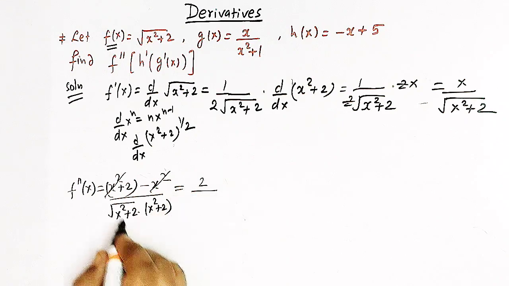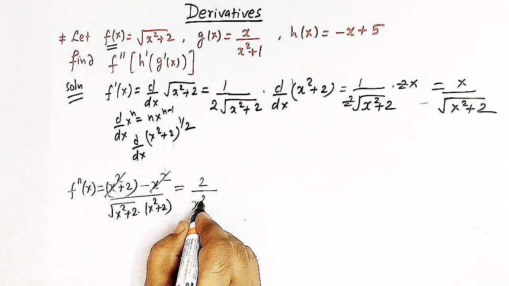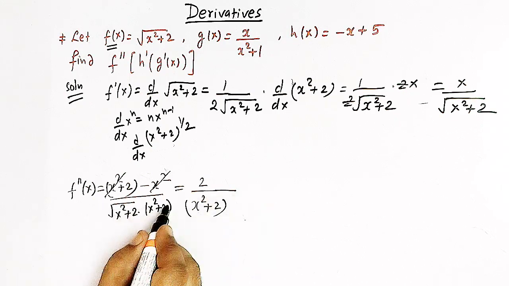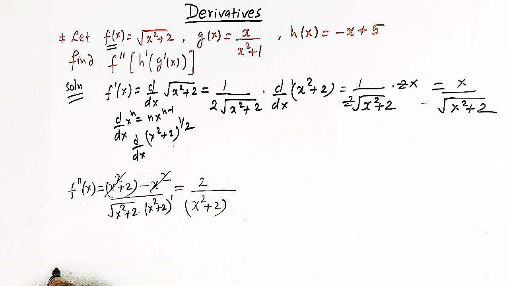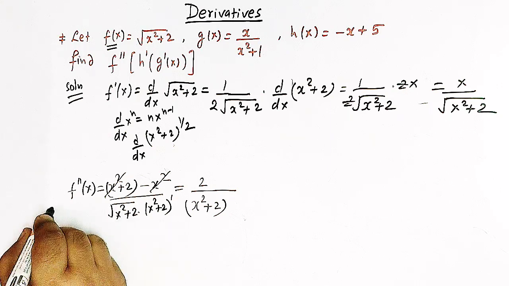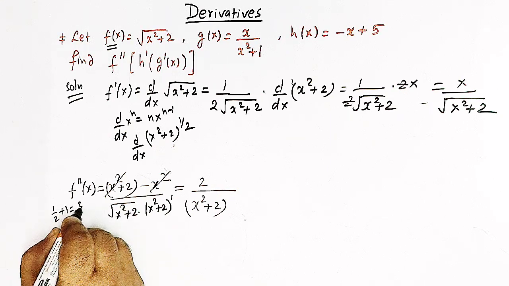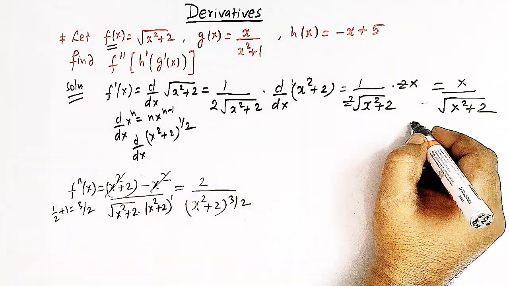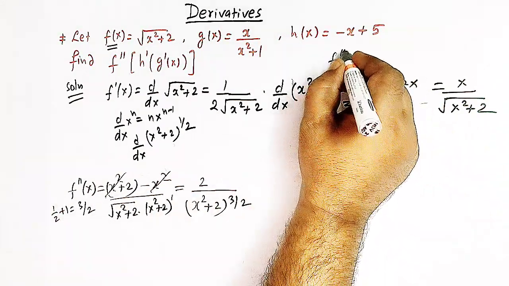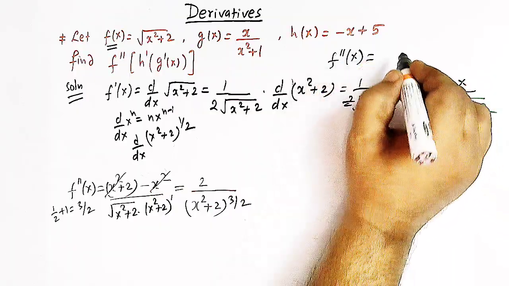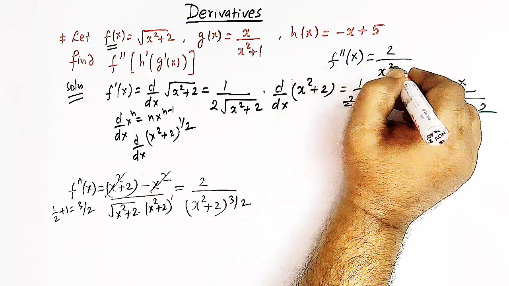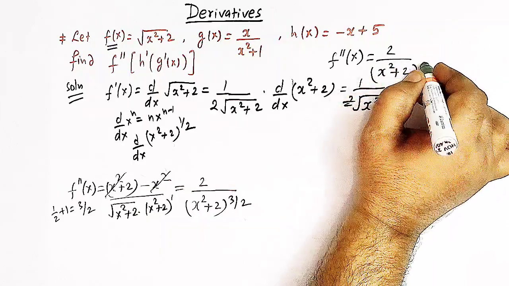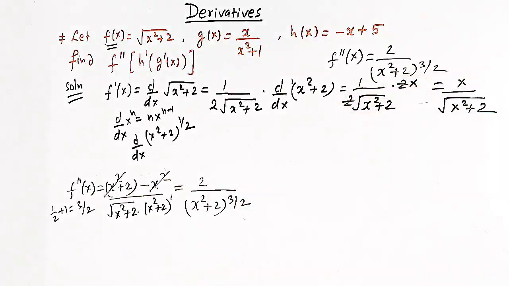So we are left with 2 over x square plus 2 raised to half plus 1, because here the power is 1 and here the power is half. So half plus 1 is 3 by 2. So we have obtained the value of f double prime of x as 2 over x square plus 2 raised to 3 by 2.